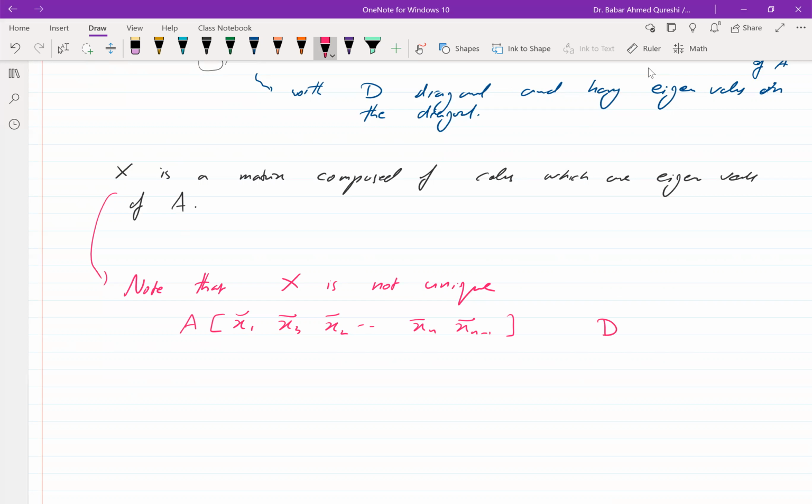The only thing is that in the diagonal matrix, my eigenvalues will be correspondingly differently arranged. So there are many different decompositions depending on how you arrange the eigenvectors. And actually, we know that the eigenvectors themselves are not unique. We can multiply them with some constant, and that's fine. So you can multiply each one of these columns by a different constant, and this X will still work.